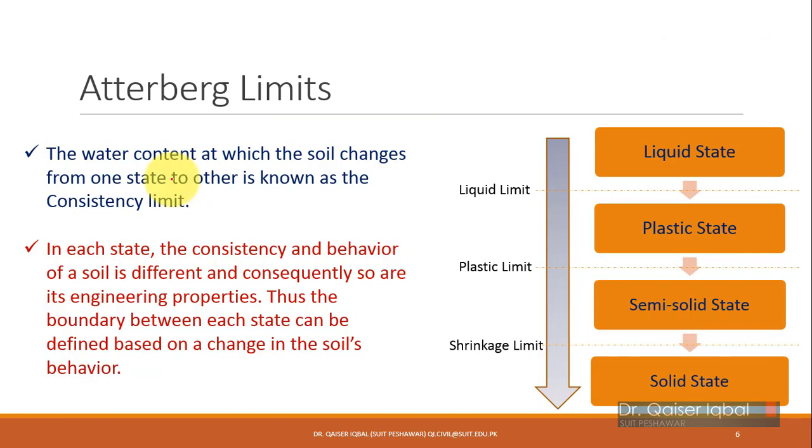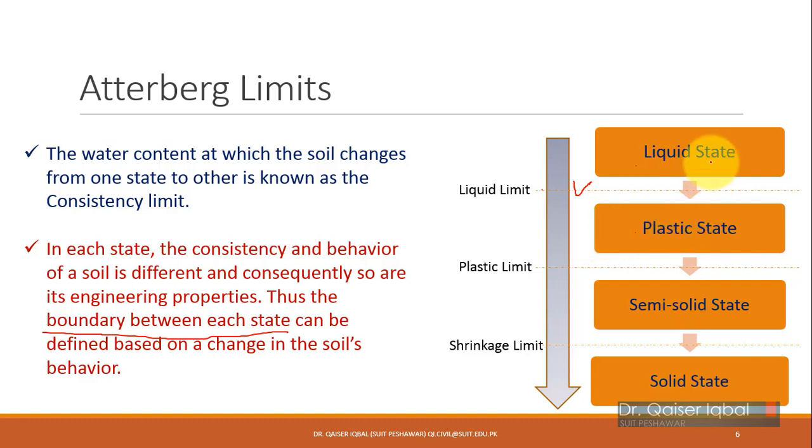So based on these states, he gave some limits as well. So what are the limits? The limits are the boundaries between two states. If you have soil with a lot of moisture and you keep on drying it, the moisture content at which it will change from liquid to plastic will be known as the liquid limit.